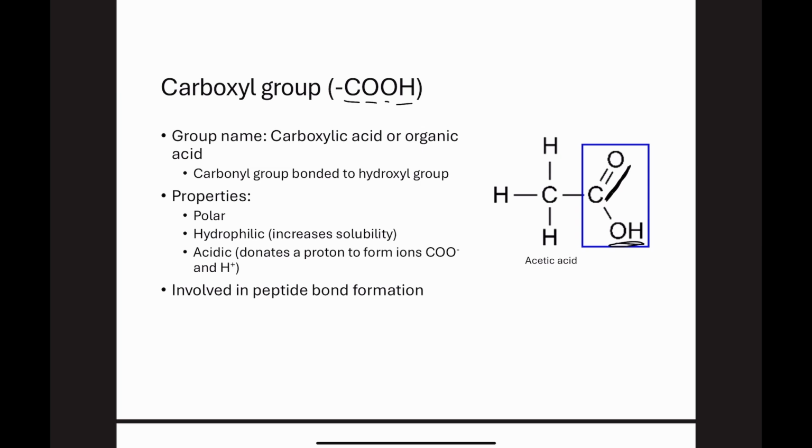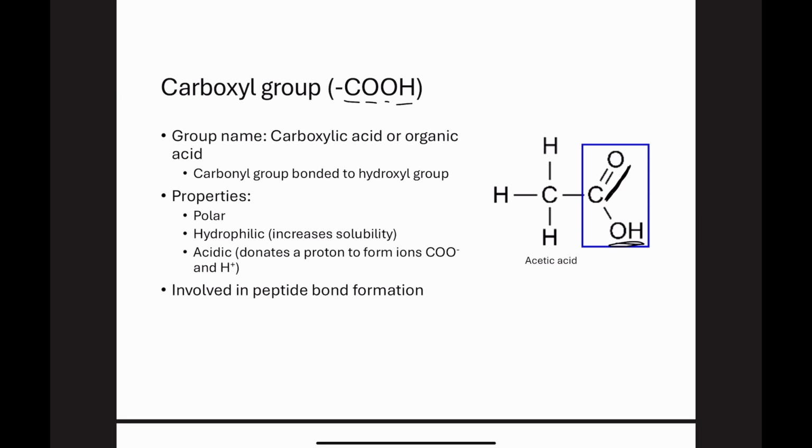So a key property of our carboxyl group is that it's also polar. They're polar because there is a difference in their electronegativity. The carbonyl oxygen is more electronegative than the hydroxyl oxygen. That oxygen is going to pull electrons towards itself. It's going to become more electron dense, and it's going to create partial negative charges on the oxygen and a partial positive charge on the carbon.